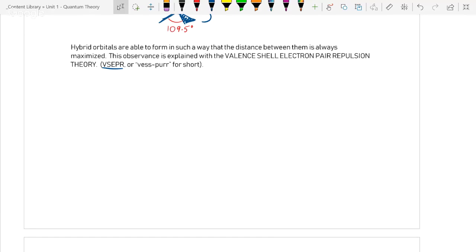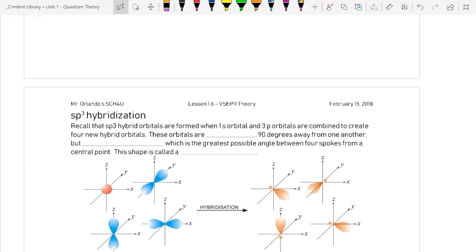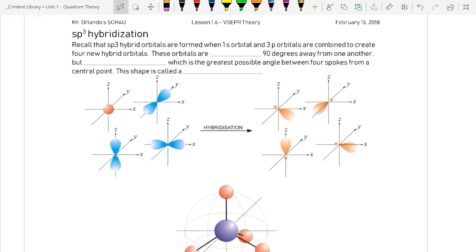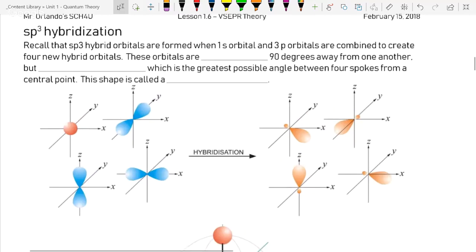So let's move on. So here's where we go. Remember, we said when the s orbital and all three of the p orbitals hybridize, we call that what kind of hybrid? Sp3, right? Sp3 hybrid orbitals are formed when one s orbital and three p orbitals are combined to create four new hybrid orbitals.